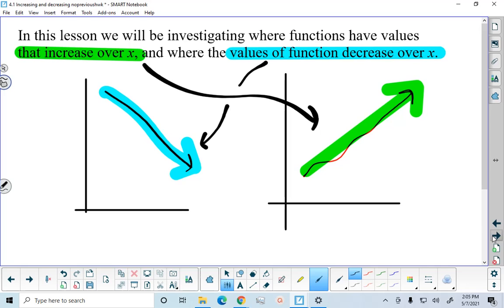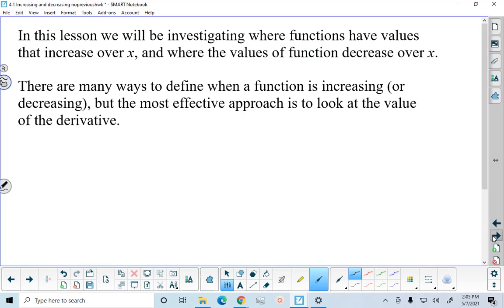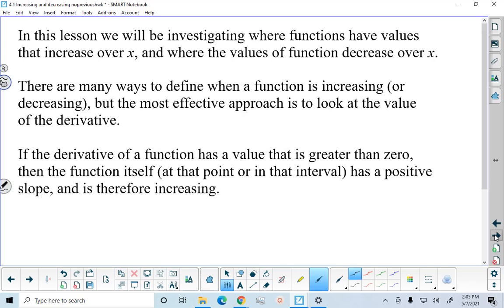And that leads us to the next statement here, which just says there's a lot of different ways that you could answer these questions, but the most effective approach is to look at the values of the derivative, because the derivative is the slope. If the derivative of a function has a value that's greater than 0, then the function itself in that interval has a positive slope and is therefore increasing.